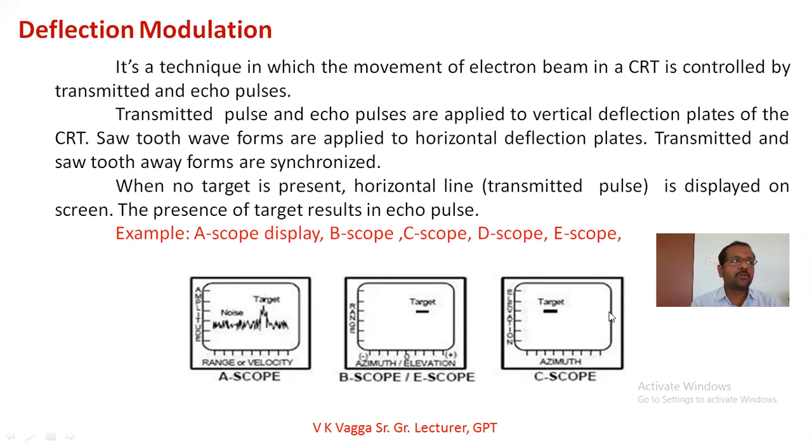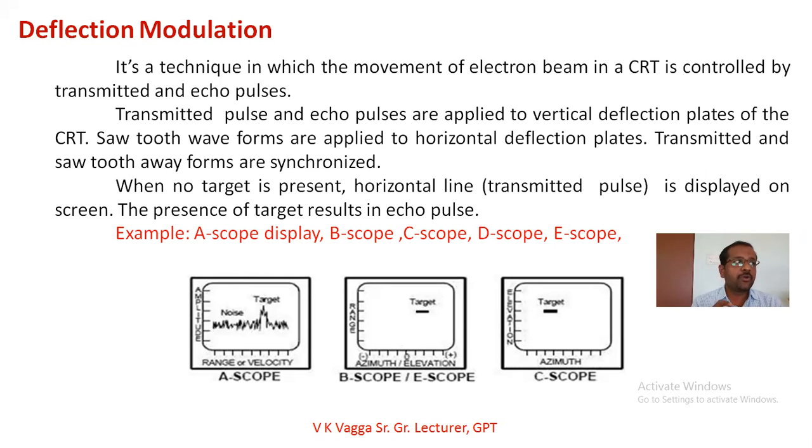Understood? I think you know about the CRO. It is implemented with one signal along the x-axis and another along the y-axis. Internally it consists of the vertical deflection plates and the horizontal deflection plates. For the vertical deflection plates, the actual transmitted signal and the reflected signal are applied, and for the horizontal deflection plates, you apply the sawtooth waveform, so that it can make the calculation internally.